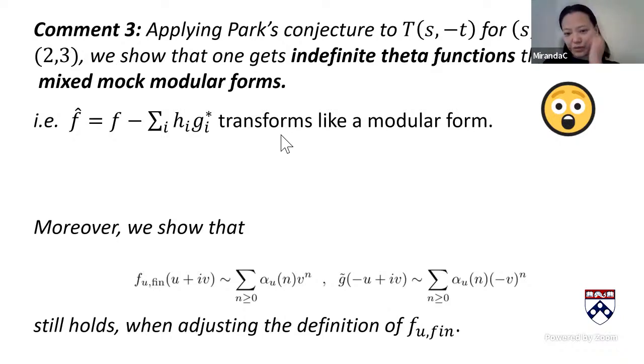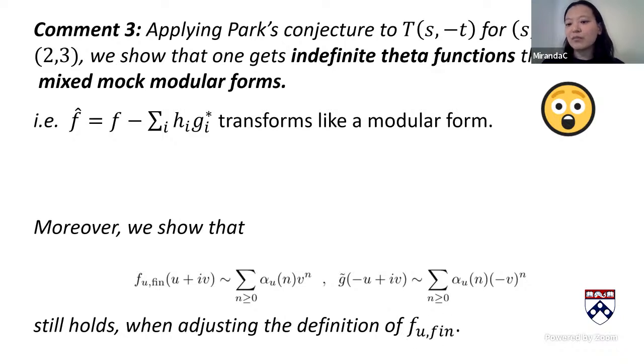Then we asked, well, they have different modularity, so does the relation to Chern-Simons still hold? We show that, because you could show some specific properties of this H, of their behavior near the roots of unity, or near the rationals on the upper half plane, this still holds.